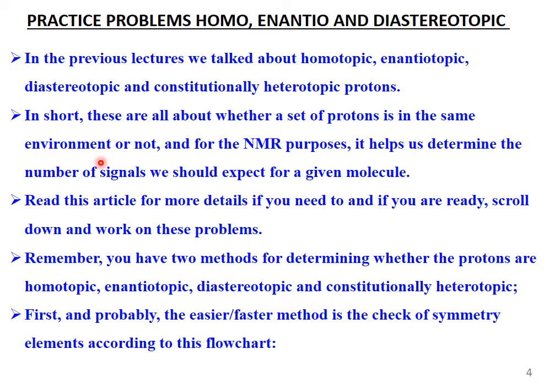You must understand that when we record spectra of organic compounds, you will get variation in peaks and chemical shift values when you choose different solvents, because every solvent gives a different chemical shift value at optimum temperature. That is why NMR spectroscopy helps us determine the number of signals we should expect for a given molecule.